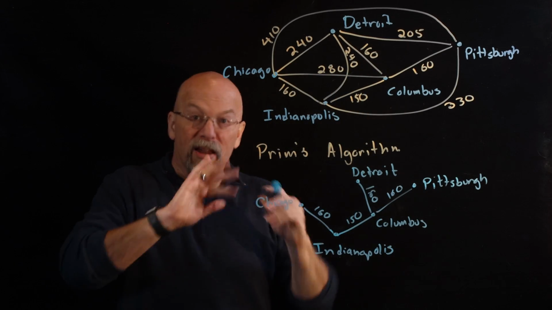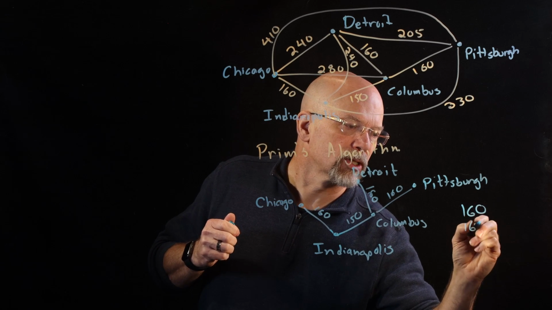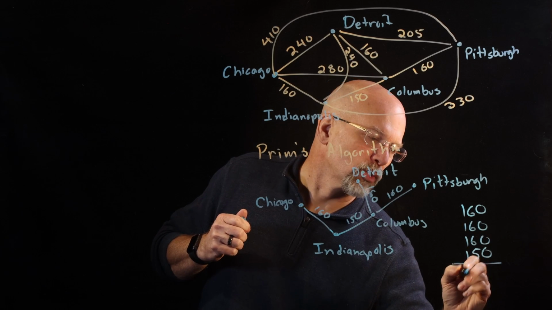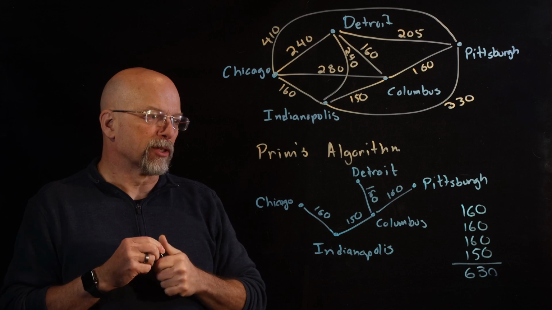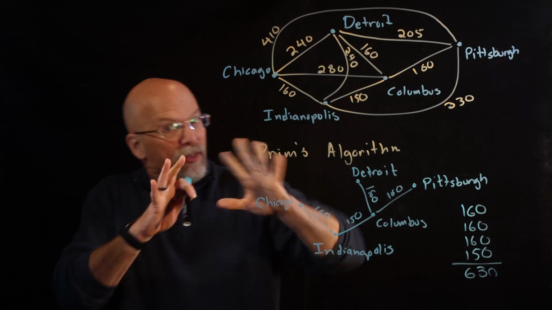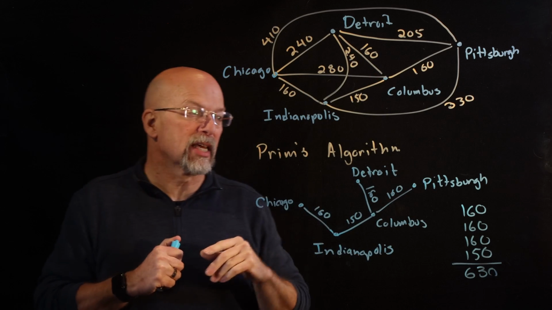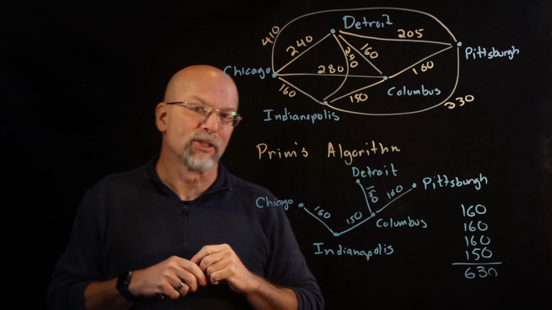Now, the total weight of this tree is 160 plus 160 plus 160 plus 150, which is going to give us what, 630? All right. So 630 is the weight for this particular tree. Turns out that if you come up with any other spanning tree that connects all of these cities, you're going to have a weight of 630 or more. 630 is the absolute minimum.